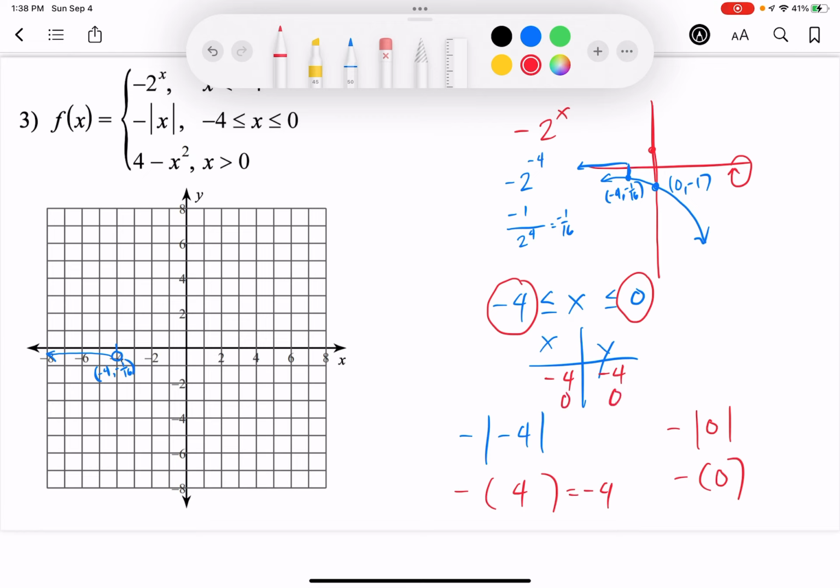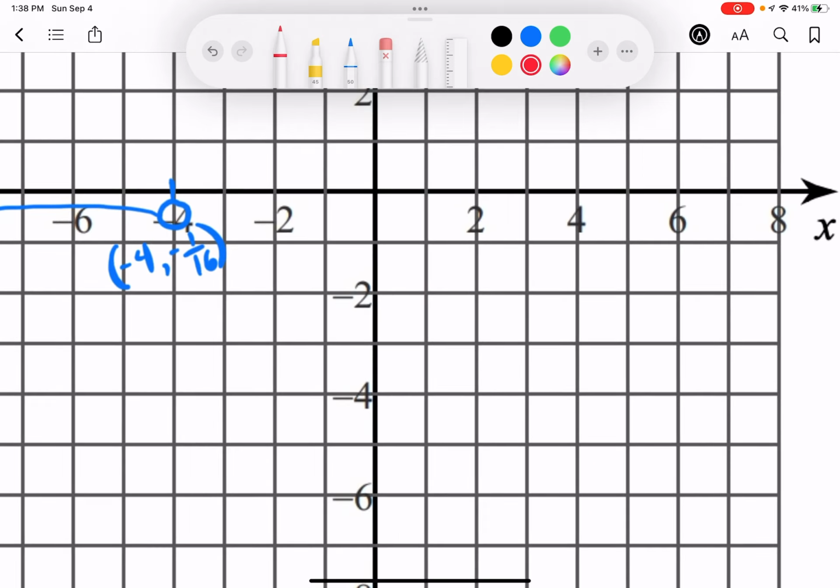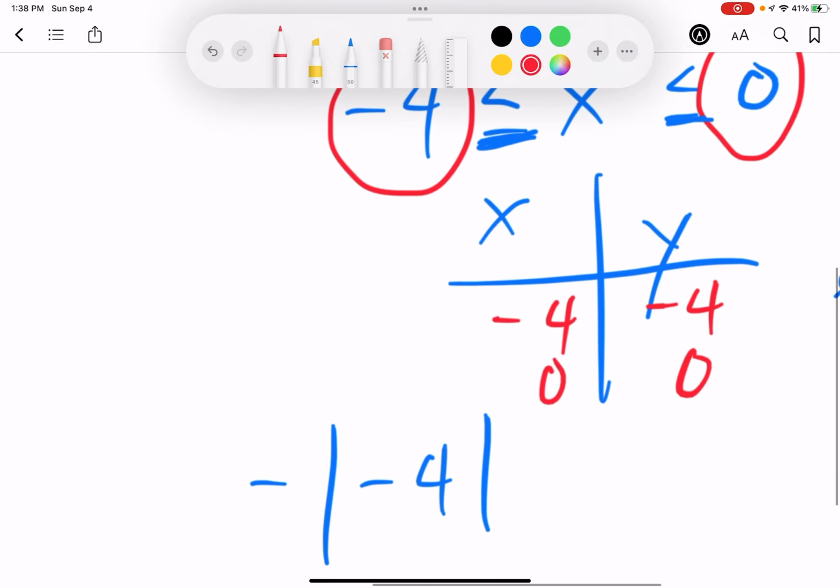Okay, now, dahil meron ng equal sign dito, kitang-kita nyo yan, ibig sabihin, kasama na ulit silang dalawa sa ating domains. Kaya, gagamit tayo ng solid circle or solid dot. Okay? Gamit tayo ng ibang kulay. So, at negative 4, y is negative 4. Negative 4, negative 4. Dito siya. Now, at x equals 0, it's also 0, 0.